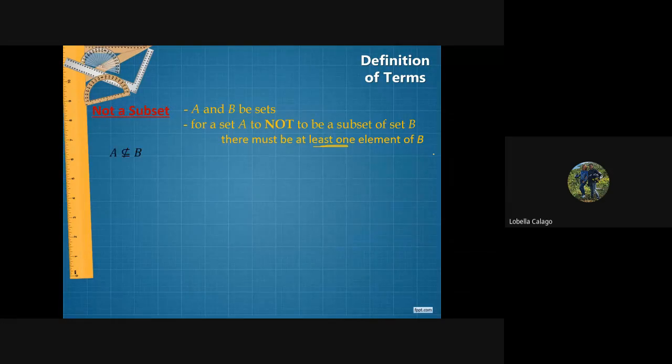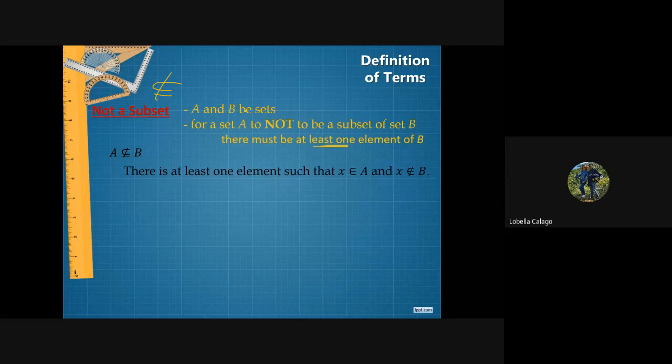Next. So, ito ang representation, not a subset. Yan. So, there is at least one element in A that is not an element of B. For equality, ano malalaman natin na ang sets are equal?